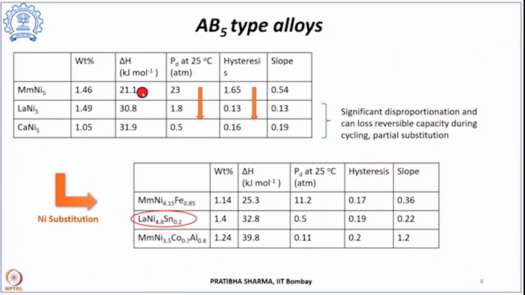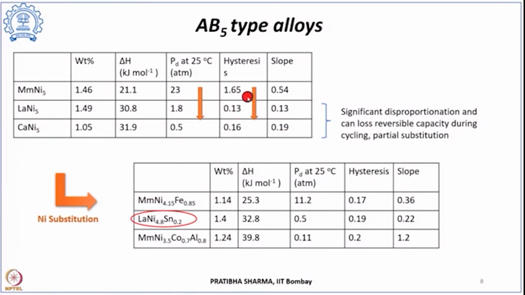Delta H value, we can see that with this substitution in this order it increases: 21, 30, 31.9. The desorption pressure at a temperature of 25 degree centigrade is also decreasing. So, for mish metal it was 23 atmosphere, for LaNi5 it is 1.8 atmosphere, for CaNi5 it is 0.5 atmosphere.